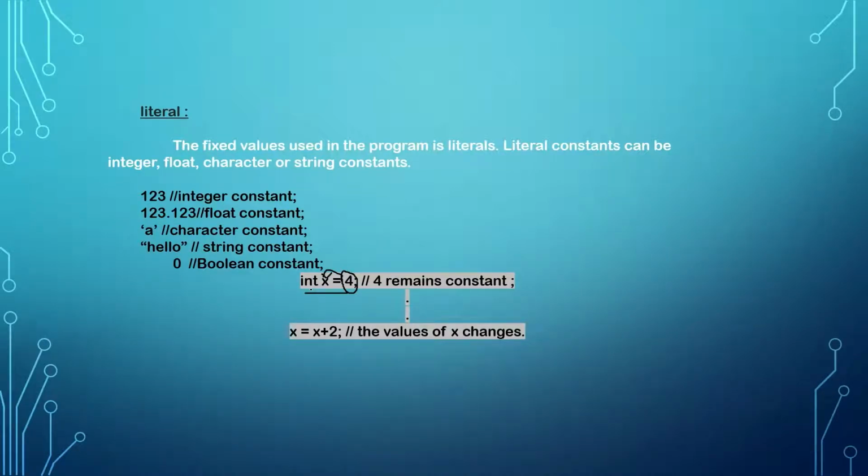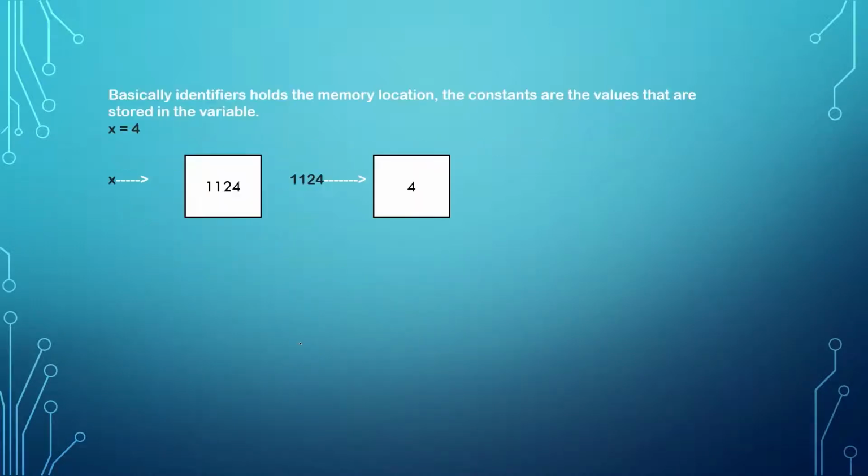They remain the same during the execution of a program. After a few lines we have given x = x + 2. Now we are adding 4 plus 2, so the value 6 is stored in x. What happens internally is that x holds the value 4 initially.